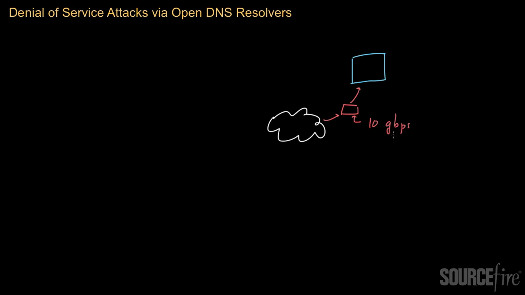If in this situation somebody sent a continuous stream of traffic to that web server at a rate that exceeded 10 gigabits per second, then the server's available bandwidth would be used up dealing with this one source of traffic, and as a result, the web server would not have any reserves left for handling legitimate queries because it is being saturated by this bogus traffic.